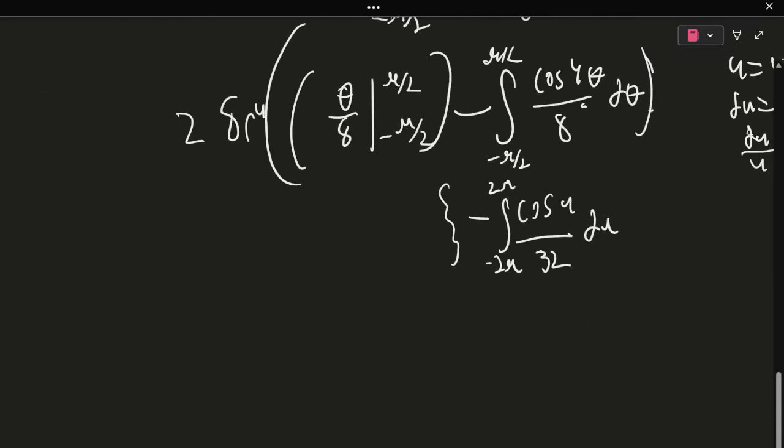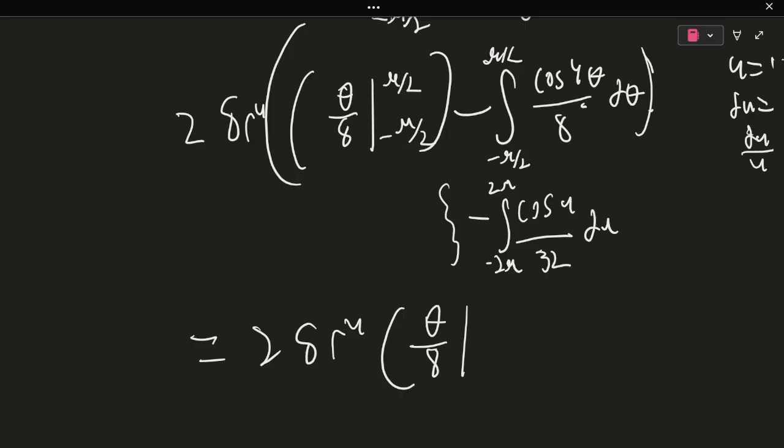So now we have our total expression, which is 2 times our density times r to the fourth times theta over 8, evaluated from theta is equal to negative pi over 2 to pi over 2.